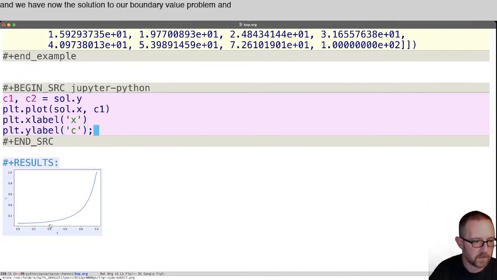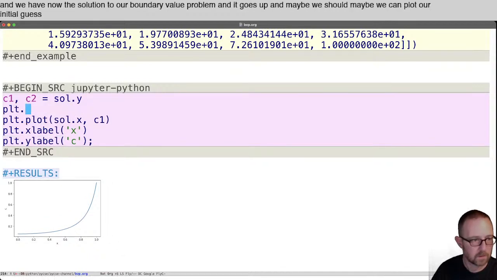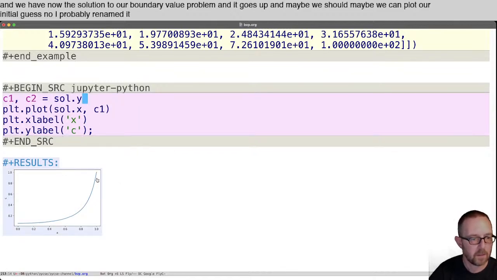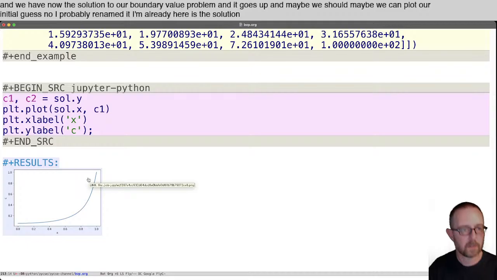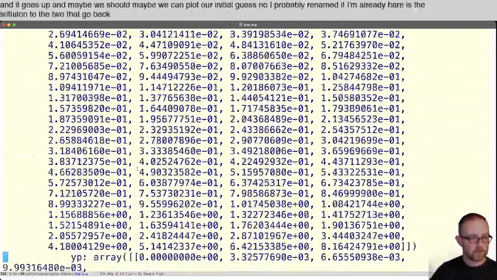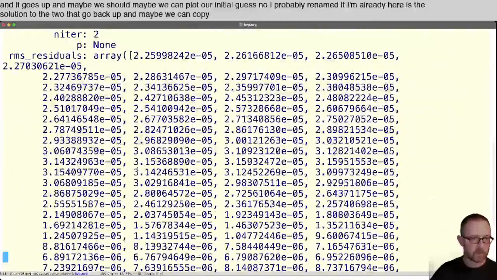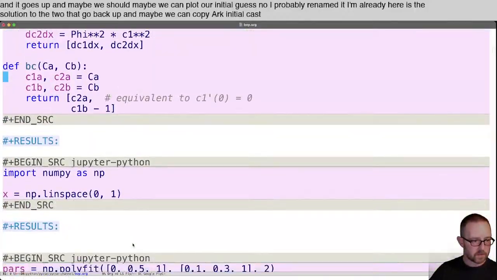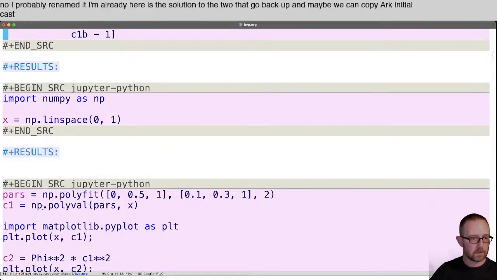And it goes up, and maybe we could plot our initial guess. Oh, I probably renamed it already. Here is the solution to that. Let me go back up, and maybe we can copy our initial guess right here.